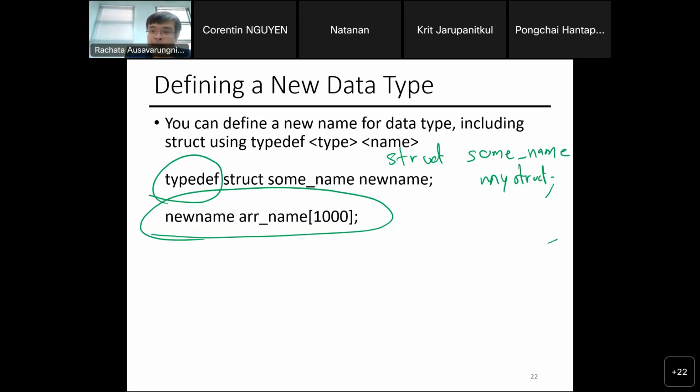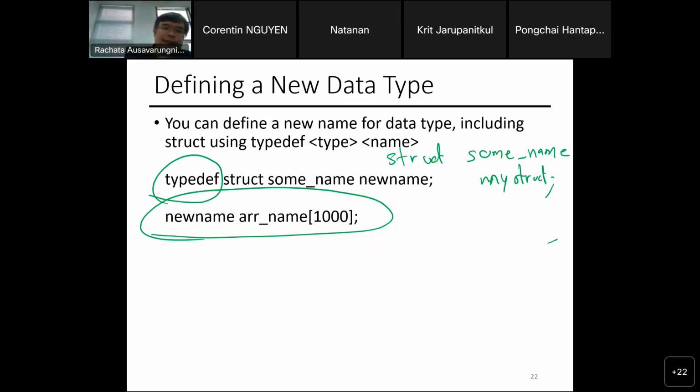There's a question on chat: an array is multiple elements of the same type, so structs are multiple elements of different types? Yes. When you want to combine multiple types together, you can use a struct for that. And if you just want 1,000 integers, use an array. And you can combine an array of structs as well, so that you can have multiple copies of this pair of integer and floating point, or like citizen ID, username, your name, last name.